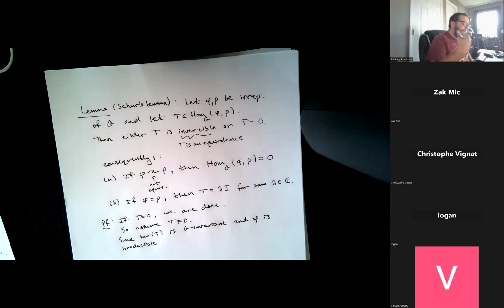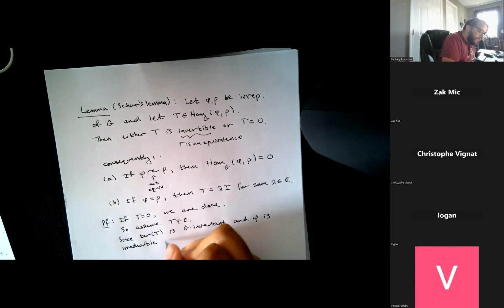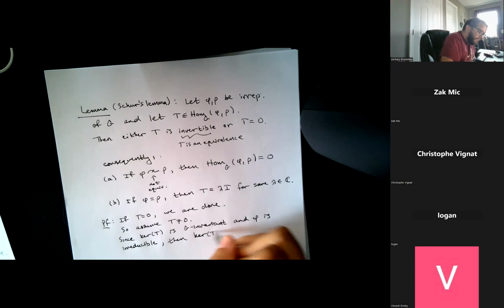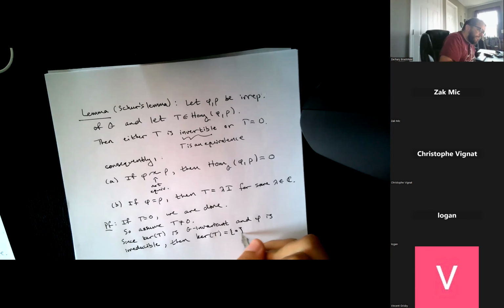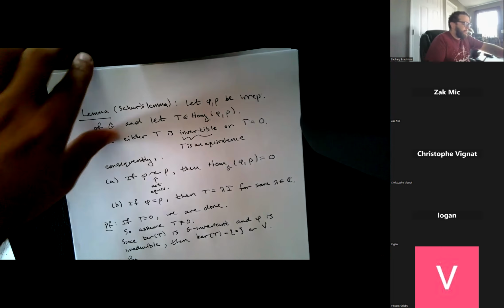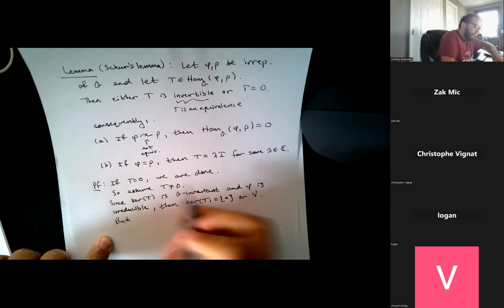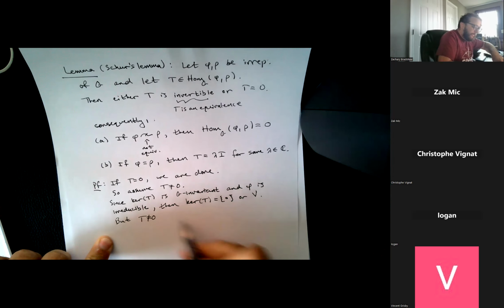It means that the only G invariant subspaces of V are 0 and the entire space V. So the fact that the kernel of T is a G invariant subspace tells us that the kernel of T is the 0 set or the entirety of V. But we're assuming that T is not 0.